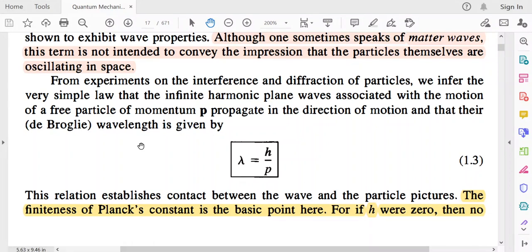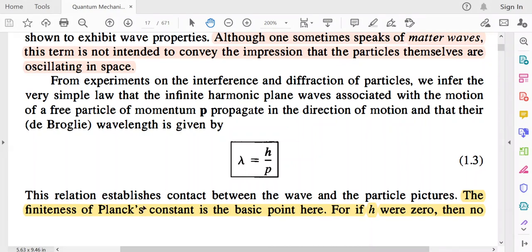There is a matter wave corresponding to the particle, and that wave is infinite because it is a free particle, so the waves will be infinite harmonic plane waves. The relation between the wavelength lambda and momentum p of the particle is lambda equals h by p. This is the de Broglie relation.